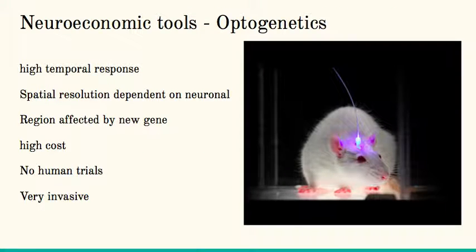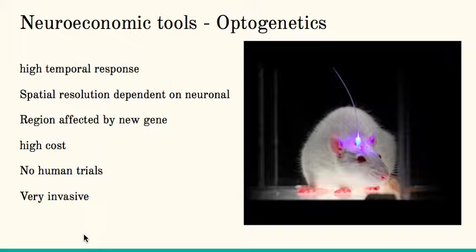And this one, optogenetics, is a brand new method that is not being used in humans. It's only being used in mice, but it's very interesting. What researchers have been able to do is they've injected a photosensitive gene from a jellyfish into specific neurons within regions of the brain that they're trying to target.